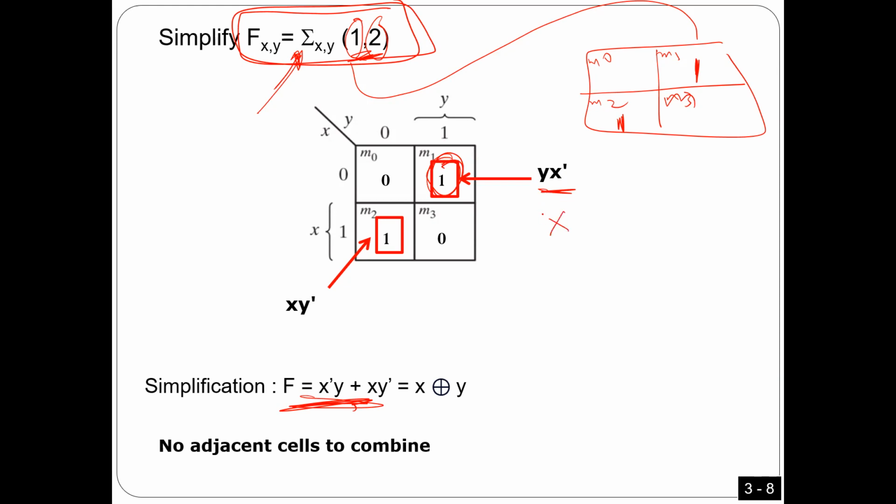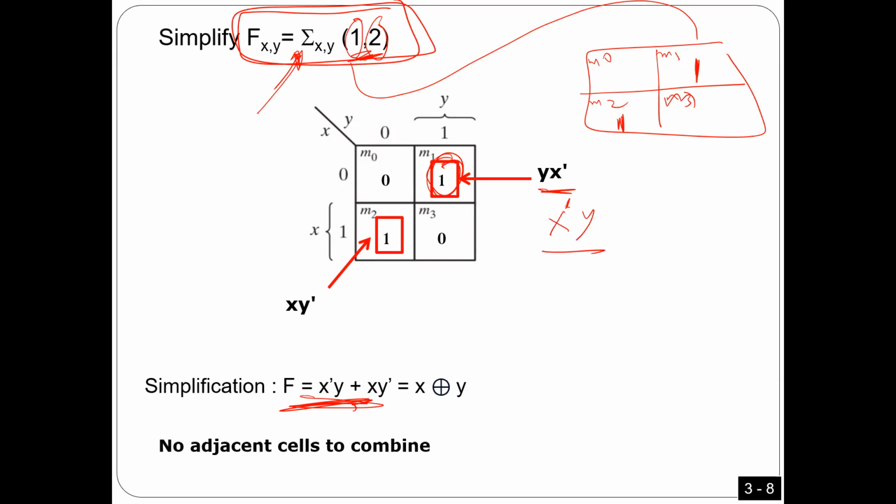Usually you put x first, so it's x prime y, but it's the same thing as yx prime. That's why sometimes I don't care about the order. I don't want small things like that to confuse you. Whether it's x or x prime, if I switch it, it doesn't matter, because they are the same.